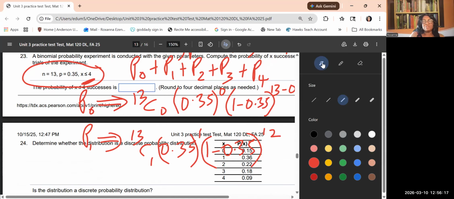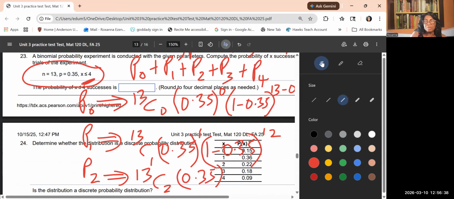When I'm told to find P2, and after P2, I would like you to finish the rest. P2 is 13 combination 2, success to power 2, failure to power 13 minus 2.